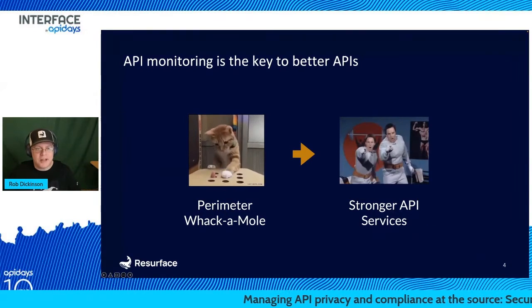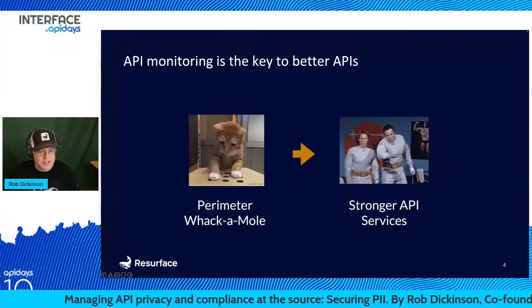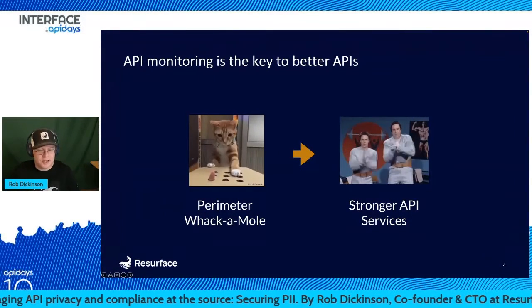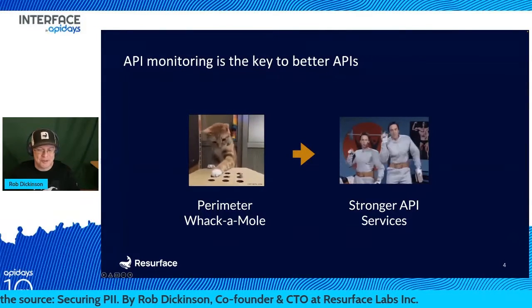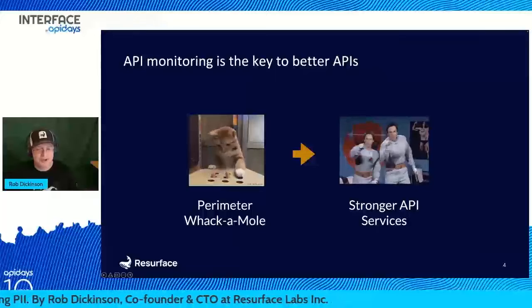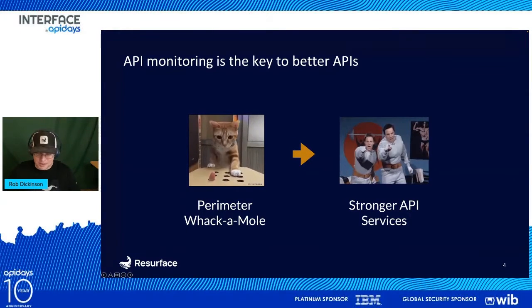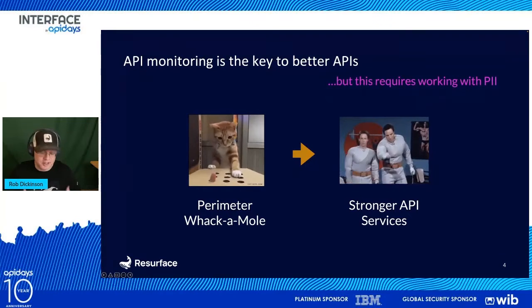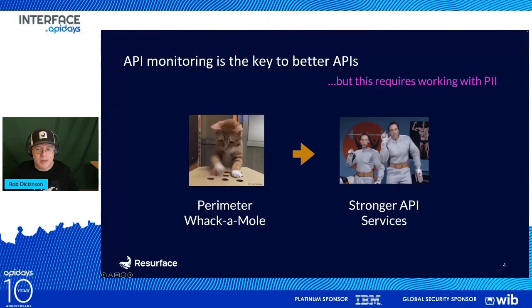So as it turns out, API monitoring is the key to better APIs, better observability in general is what helps us move from a perimeter whack-a-mole approach to really having better and stronger API services. But a big part of that API monitoring, and this hits very close to home for us at Resurface, is that this means working with PII.